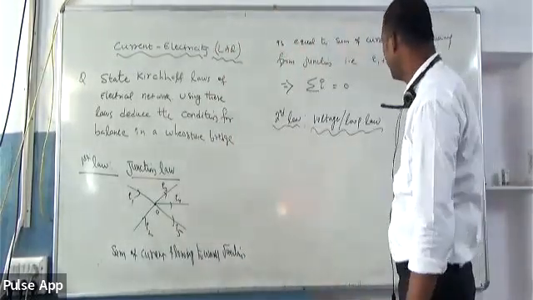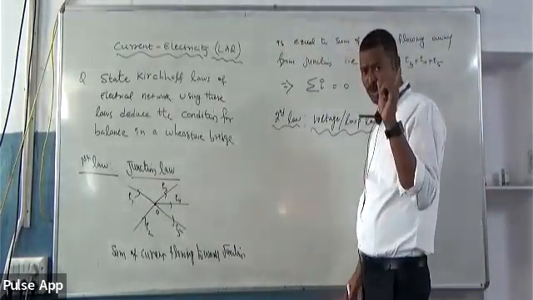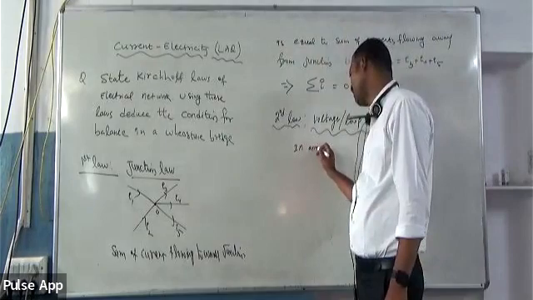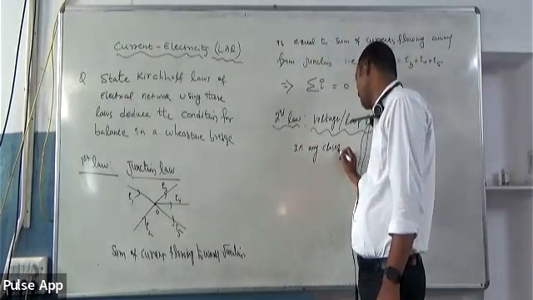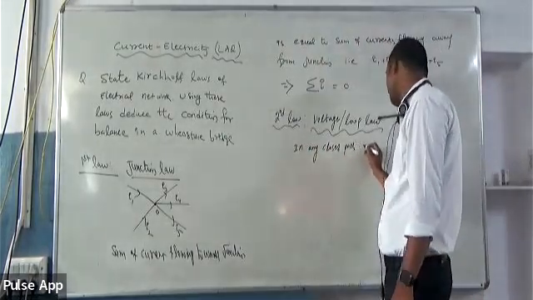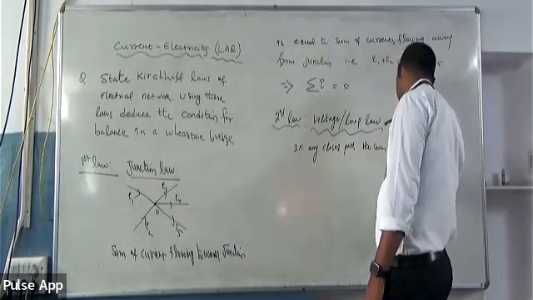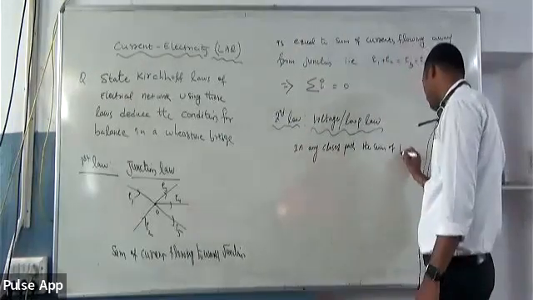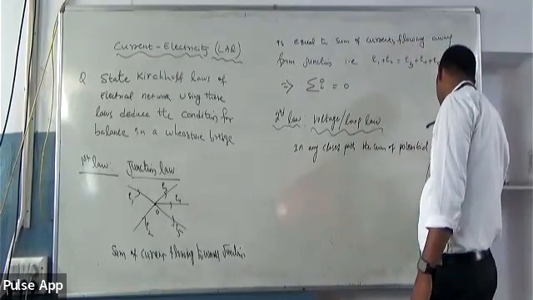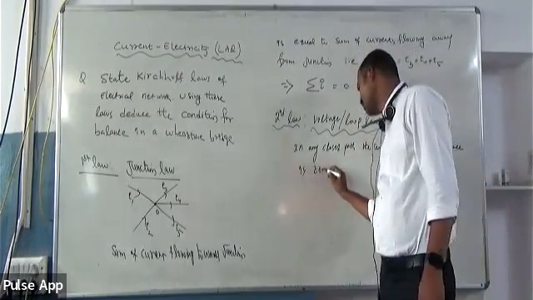So what is voltage or loop law? From this statement: in any closed loop, closed electrical network or closed path, the sum of voltages or potential differences is 0.